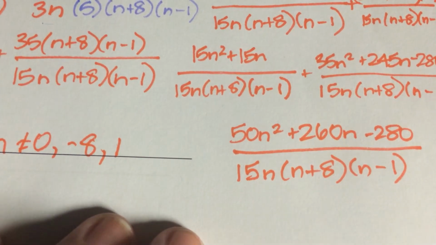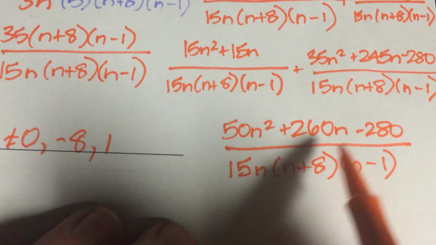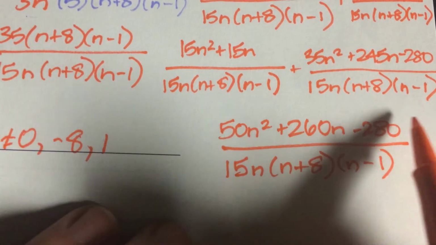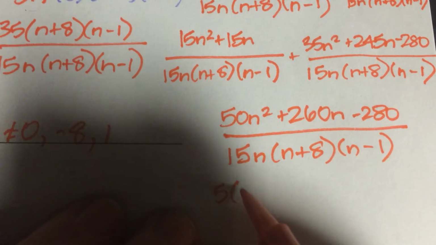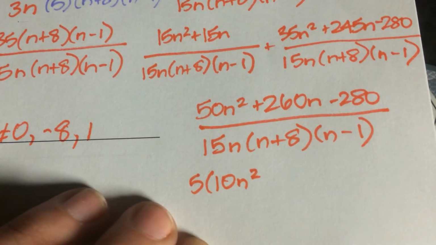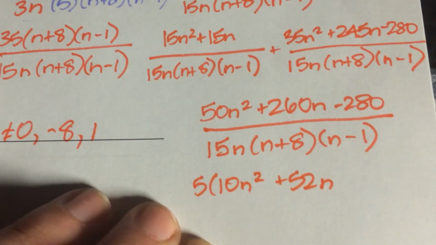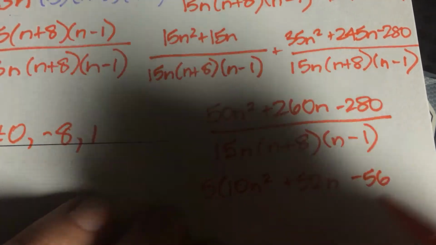Okay, so those restrictions are correct. Now, there's one more thing you could do. If you wanted to factor out a 5 from the top and the bottom, you could do that. So basically, you would be dividing each one of these by 5. So if you pulled that 5 out, you'd get 10n squared. Let's see, 260 divided by 5 is 52. And 280 divided by 5, negative 56.